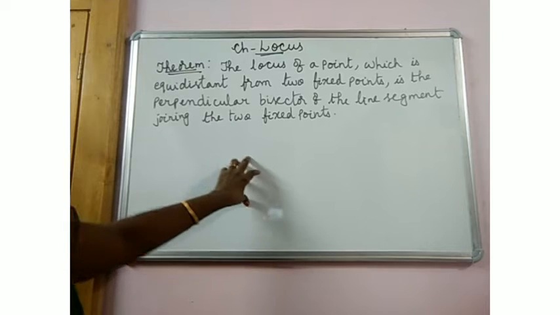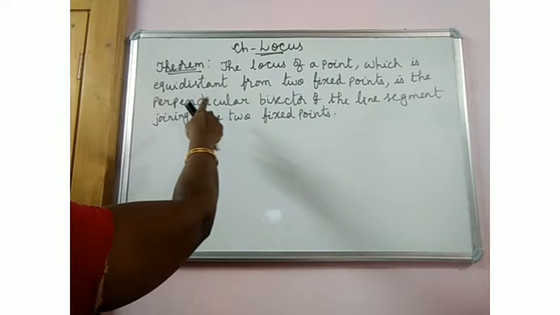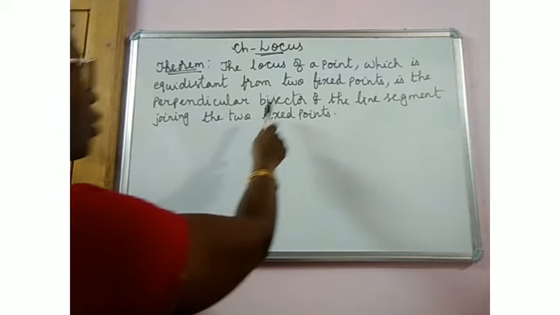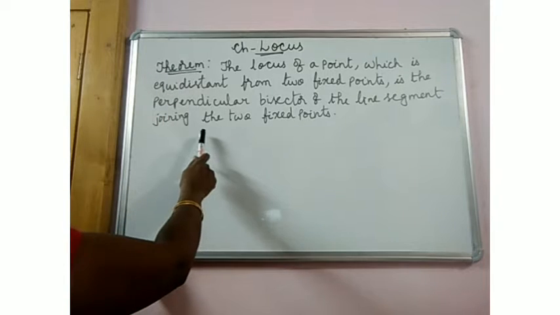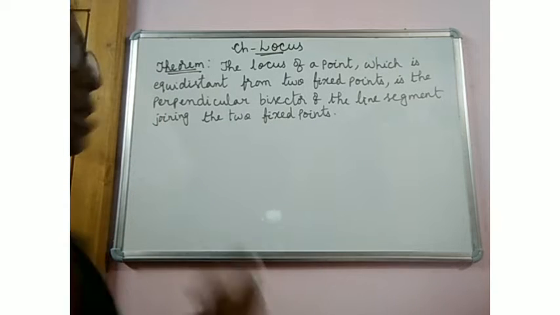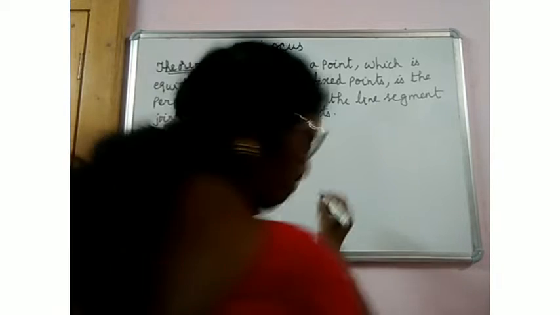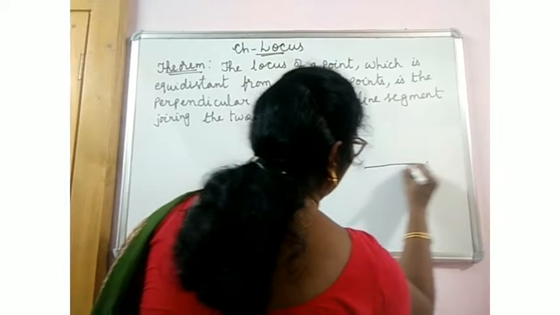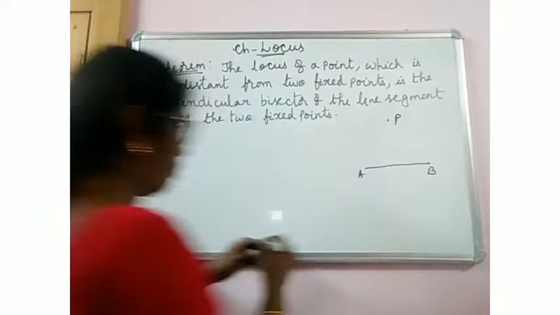Your first theorem: the locus of a point which is equidistant from two fixed points is the perpendicular bisector of the line segment joining the two fixed points. What is given here is two fixed points. Let A and B be two fixed points, and P a moving point.